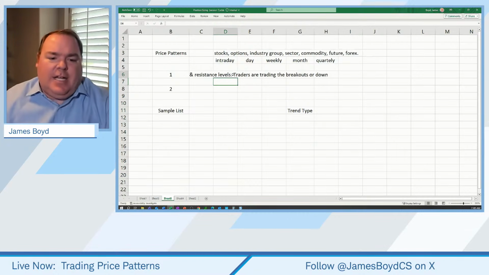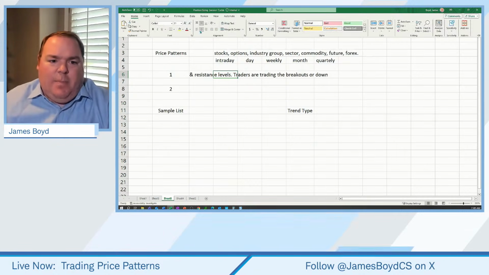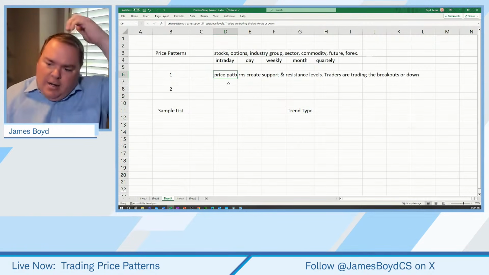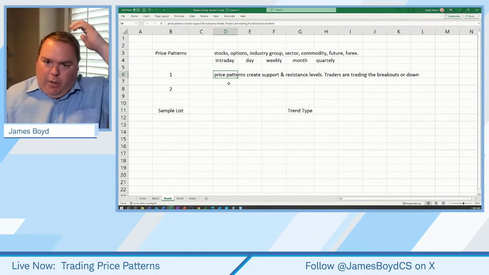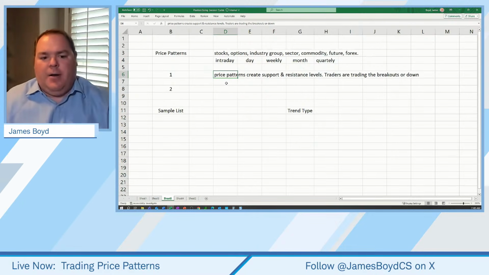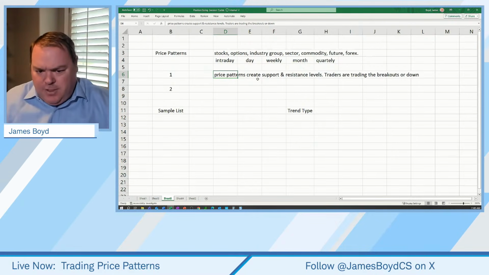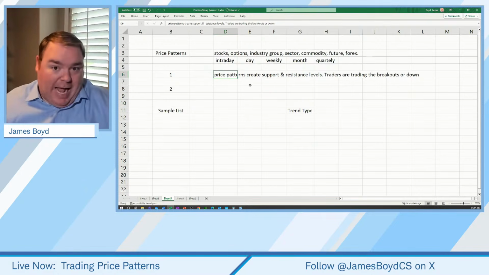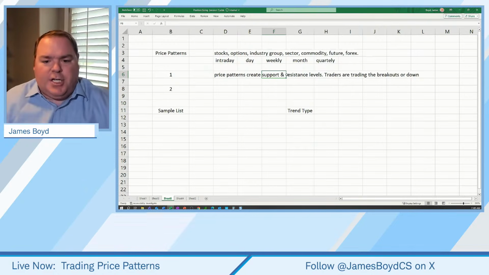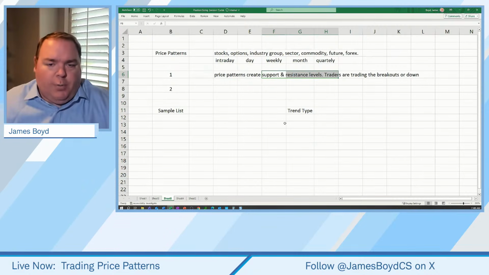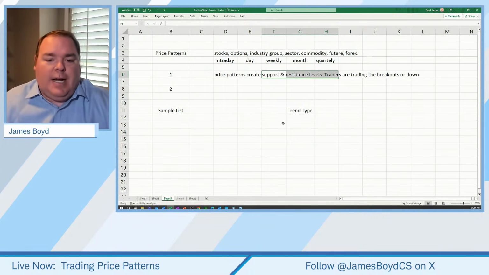So it could be a breakout trade or a breakdown trade, a bearish trade. Those patterns of price create support and resistance levels. So being able to draw the support and resistance levels with price patterns is critical. You've got to have confidence in how you draw the line because that might trigger your entry to get in.